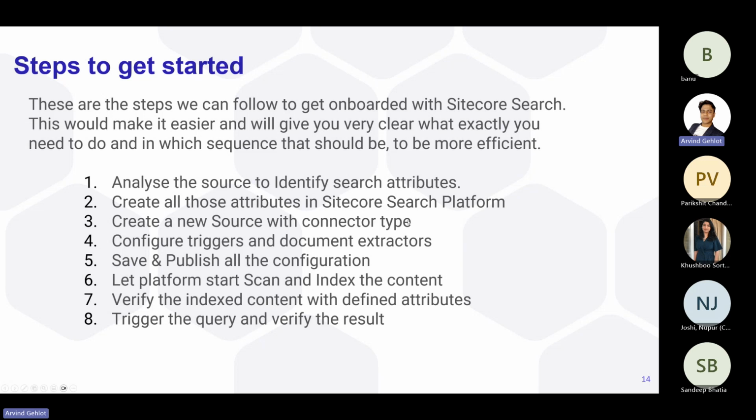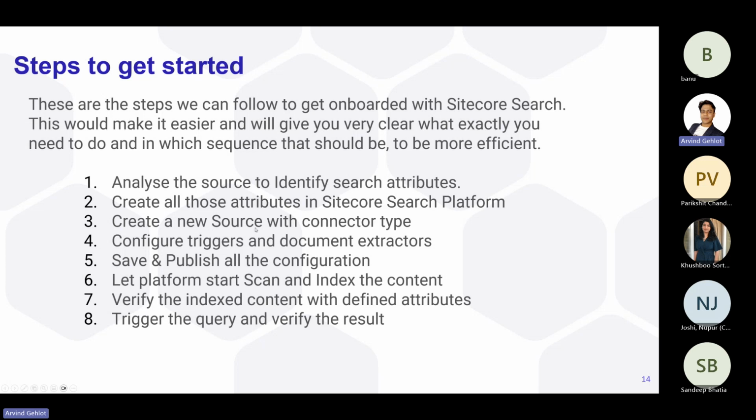So you can see that we need to analyze the source first, and then after analysis, we can collect the attributes or fields that we want to capture into the Sitecore search, so that we can provide the filter on those attributes, and we can also display or get a response back from Sitecore search for those attributes.